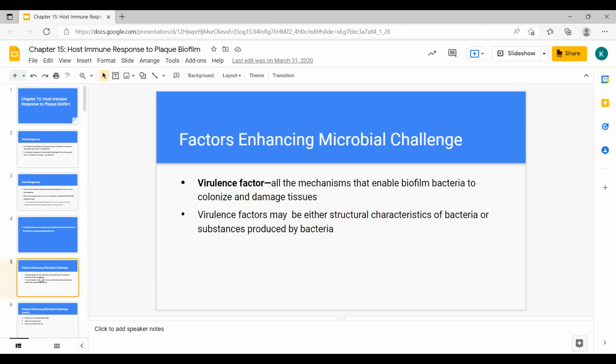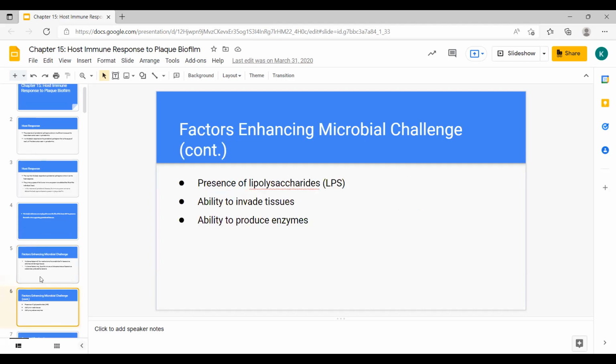Factors that enhance the microbial challenge: the virulence factors. These are all of the mechanisms that enable biofilm bacteria to colonize and damage tissues. Virulence factors may be either structural characteristics of bacteria or substances produced by bacteria. So the presence of lipopolysaccharides basically just makes the bacteria a lot harder to kill.